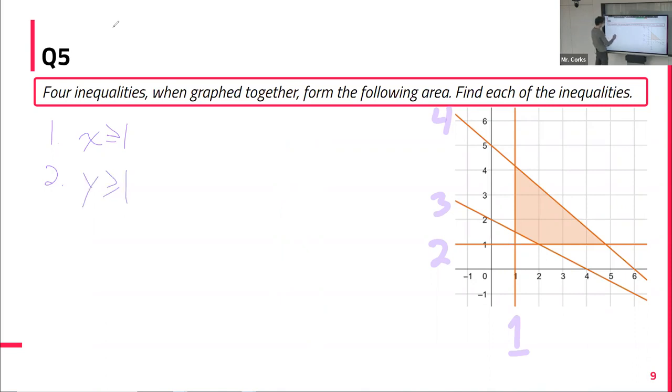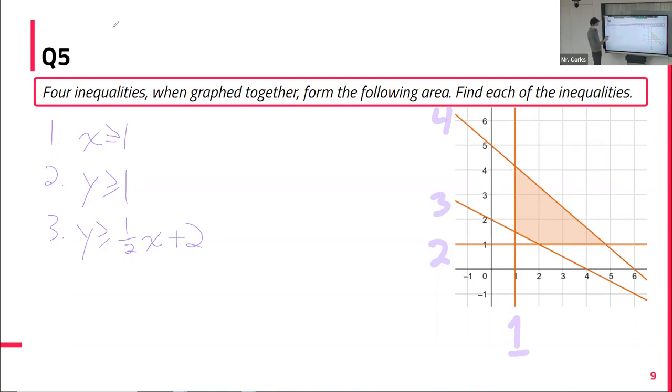Right, y is greater than or equal to 1 because our shaded area is above that line, y equals 1. All right, number 3. One over 2 x plus 2. Greater than or equal.